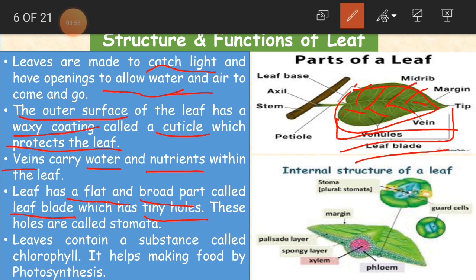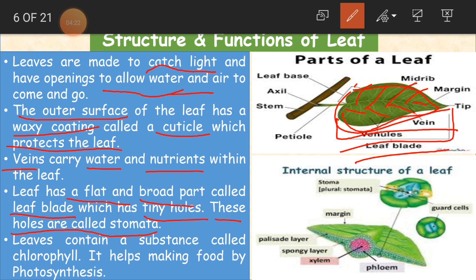This leaf blade has got tiny, small holes on it, which we are not able to see. Those are invisible holes. Okay, and these holes are called stomata. We learnt it before also.